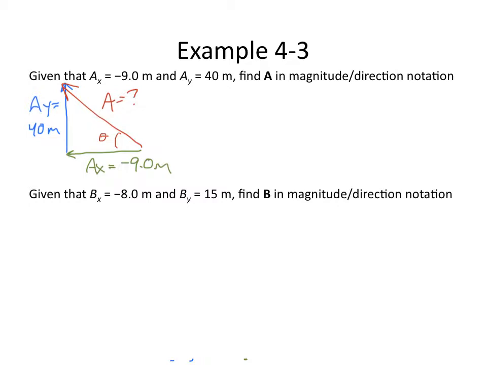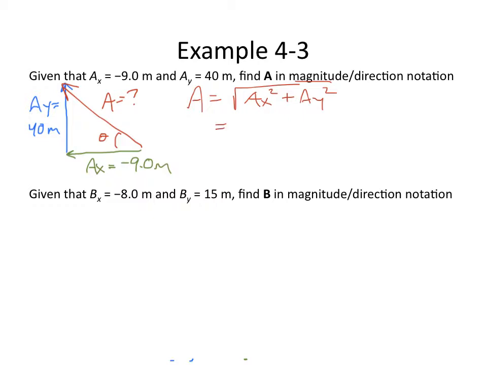All right, so how do we find the magnitude of a vector? Well, according to the Pythagorean theorem, if we want to solve for the resultant vector right here, we can say that the resultant vector, or the full vector A, equals the square root of Ax squared plus Ay squared. Let's go ahead and plug those values in.